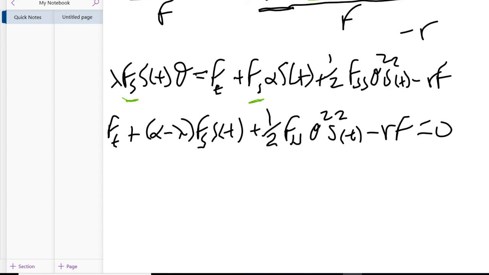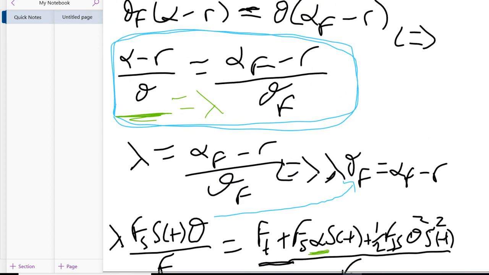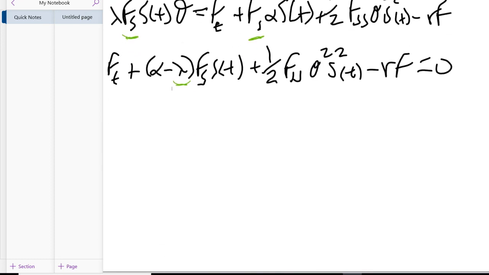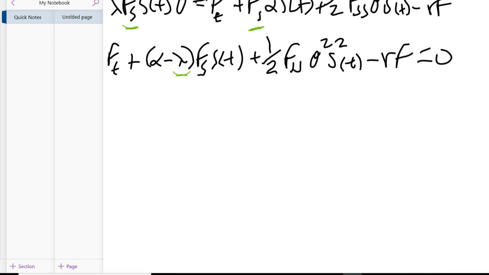Now, we know one more thing. We know what lambda is, right? We defined it earlier. We said that it's the market price of risk for the underlying asset. So, if we fill that back in, we would have alpha minus r. There's a mistake right here. It's lambda sigma.